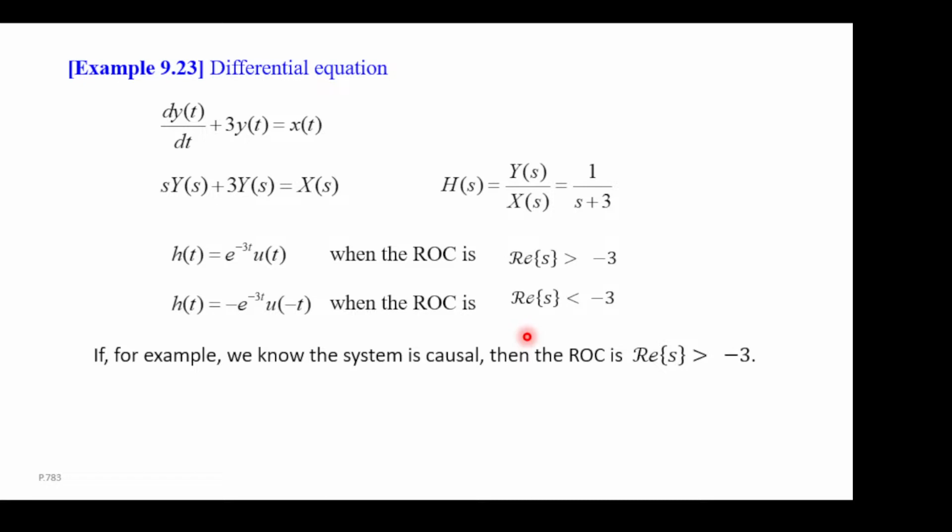But from just here, we cannot really determine h of t. But say we know it's initial rest, so the system is causal, then we pick the right side, and our h of t is this familiar thing that we know from the Fourier transform.